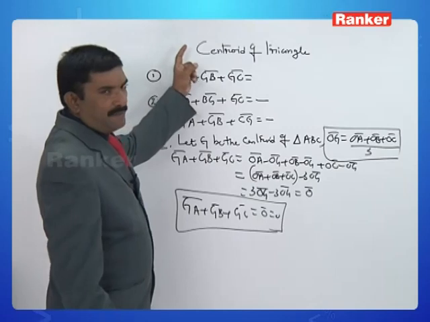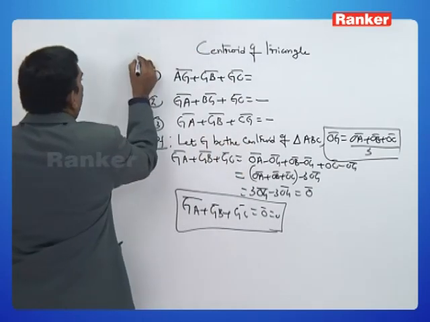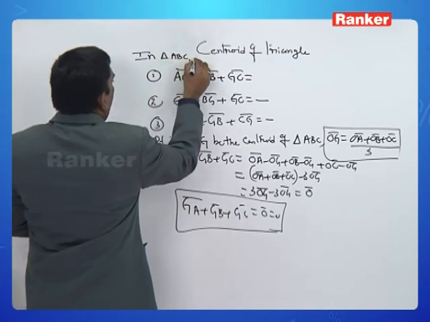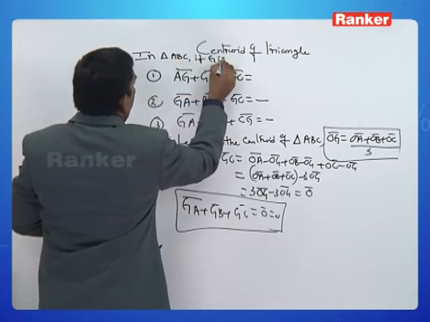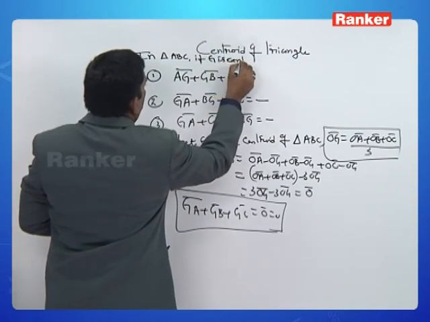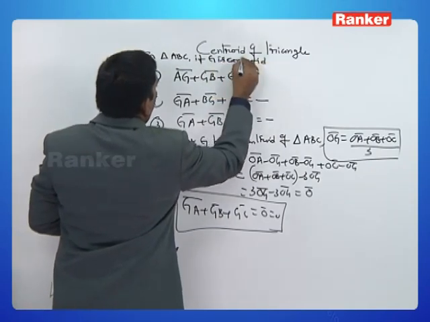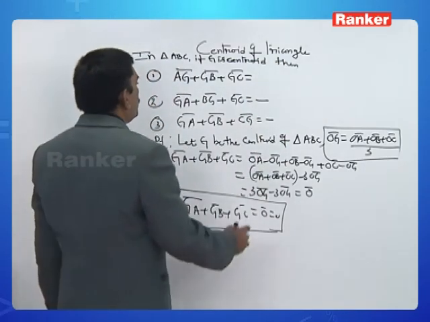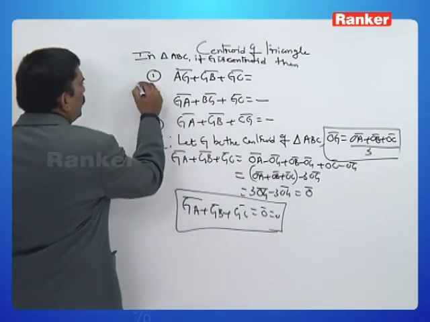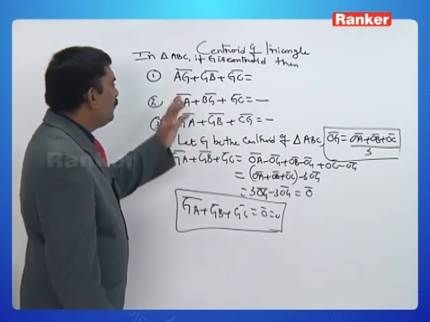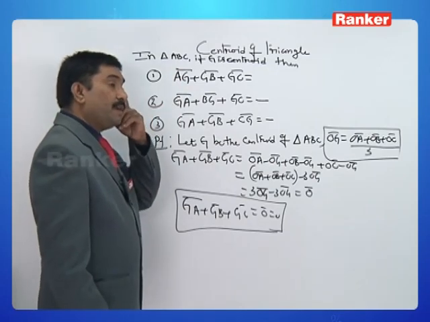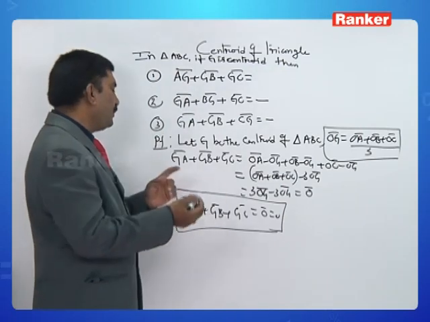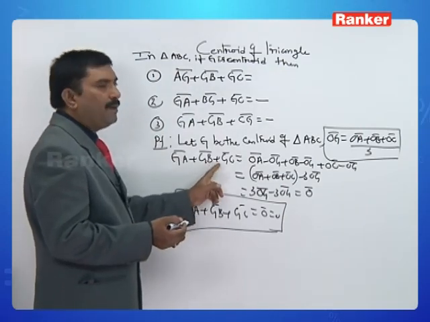In a triangle ABC, if G is a centroid, then we have to prove the corresponding results, 1, 2, 3. Before that, I want to prove GA bar plus GB bar plus GC bar.